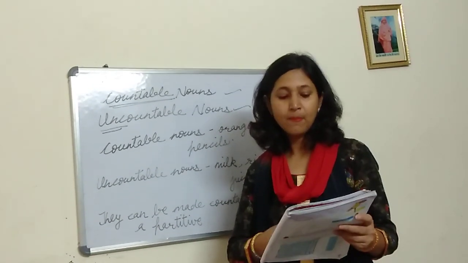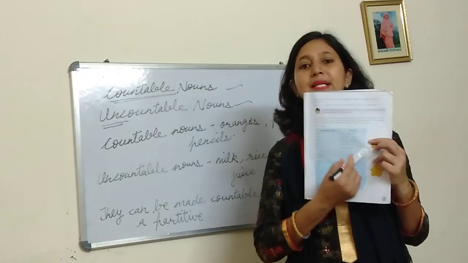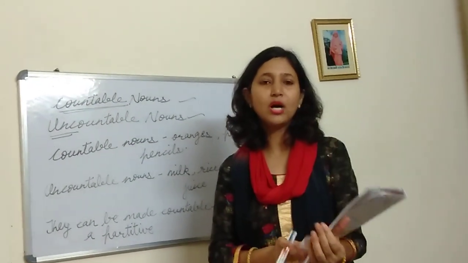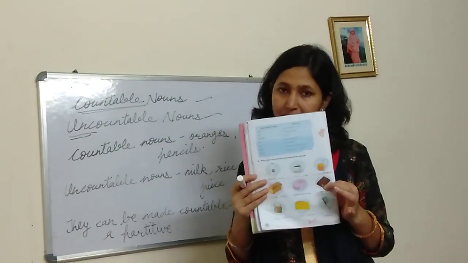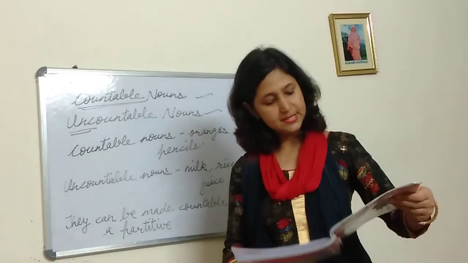I have given this exercise. First of all, you have to study this list given in the PDF, and then you have to do this exercise in that same PDF, and I have also given you this exercise.